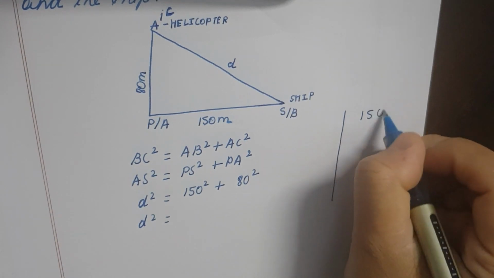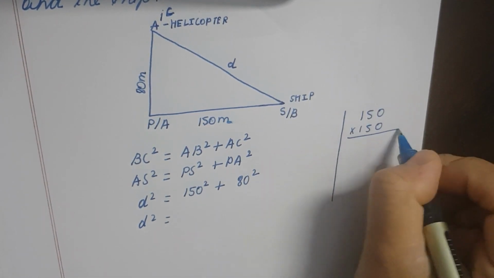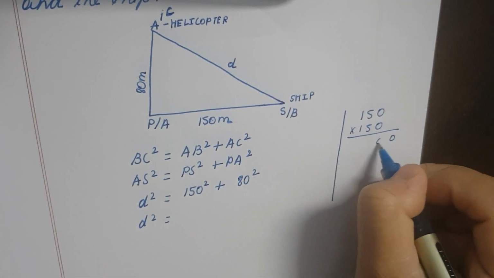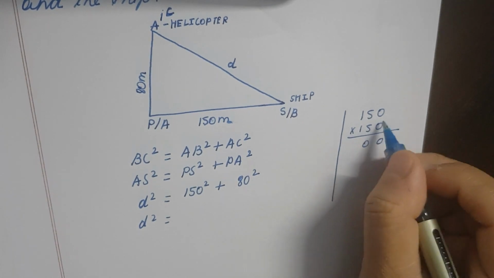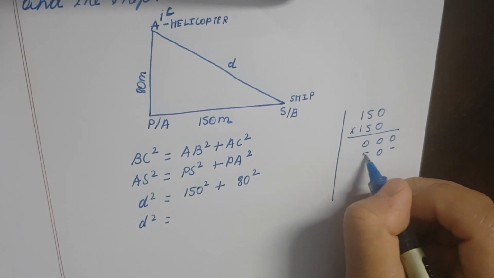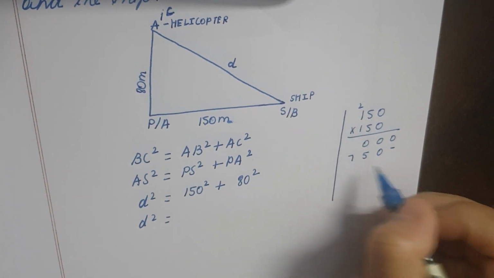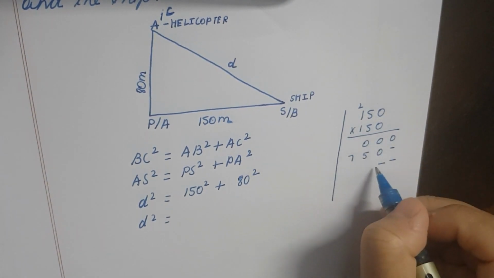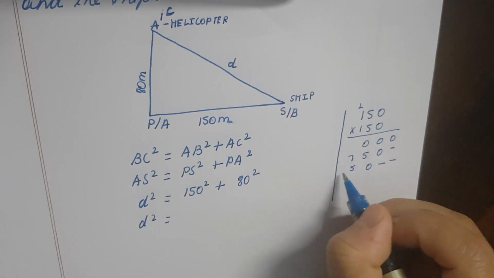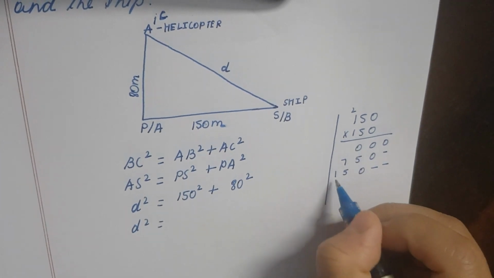So 150 into 150. So 0, 0, 0. 5 zeros are 0, 5 5s are 25, 5 1s are 5, 5 plus 2 is 7. 1 zeros are 0, 1 5s are 5, 1 1s are 1.